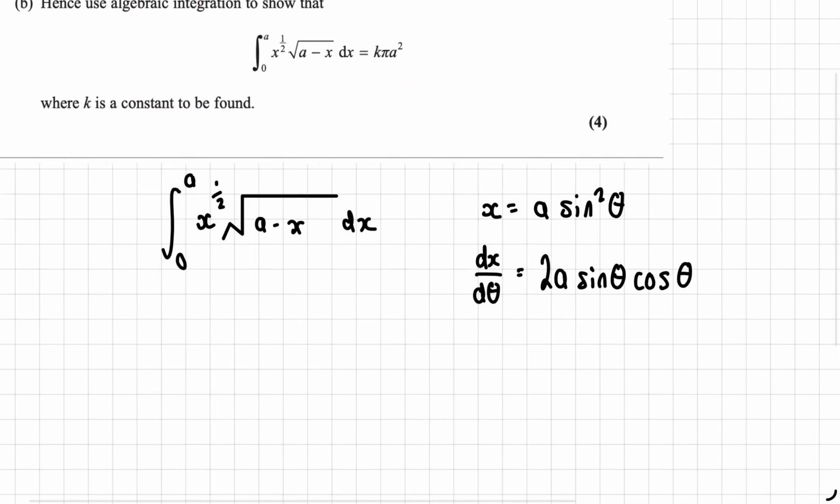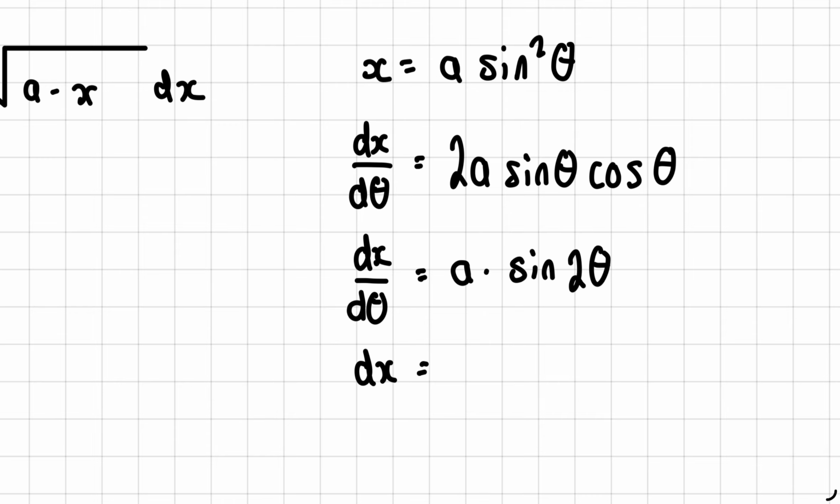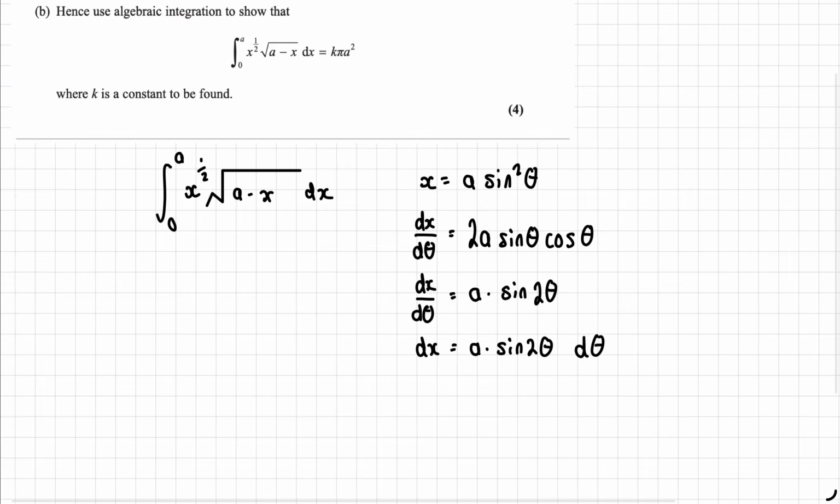And we can spot straight away that 2 sine theta cos theta is sine 2 theta. So dx with respect to theta is a multiplied by sine 2 theta. So we get dx is a sine 2 theta d theta. Okay. So we have this one here so far.